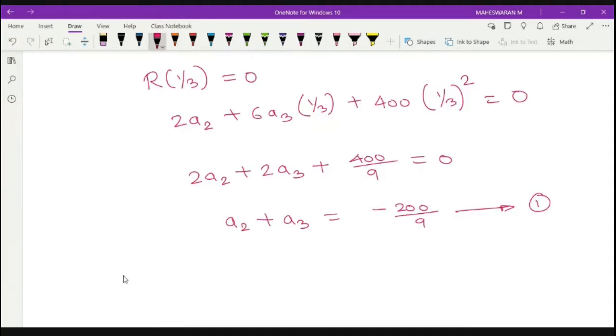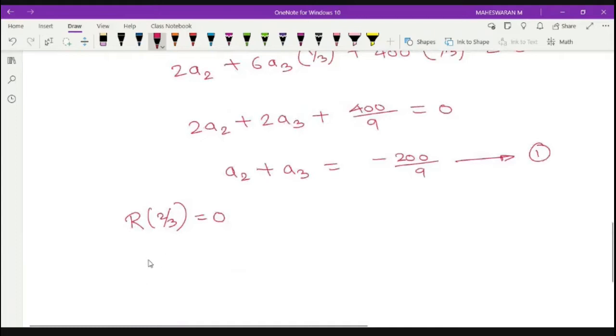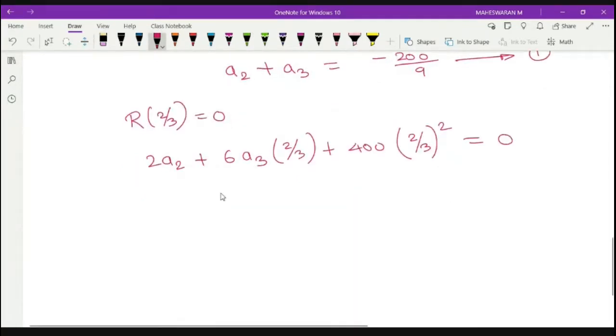So now next one, what I can do, I can substitute R at 2 by 3. X is equal to 2 by 3 and I am going to equate it to 0. So the same thing. It is 2a2 plus 6a3 into 2 by 3 plus 400 into 2 by 3 the whole square is equal to 0. So what will we get?